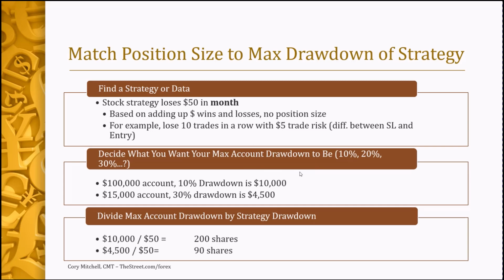Say you're only willing to lose 10% of your account, or maybe you're willing to lose 30%, and you just plug in your numbers: the maximum drawdown amount in dollars, divided by the strategy loss in dollars, and you get what your position size should be. Again, this assumes your stop loss is about the same on each trade, so your trade risk is about the same.